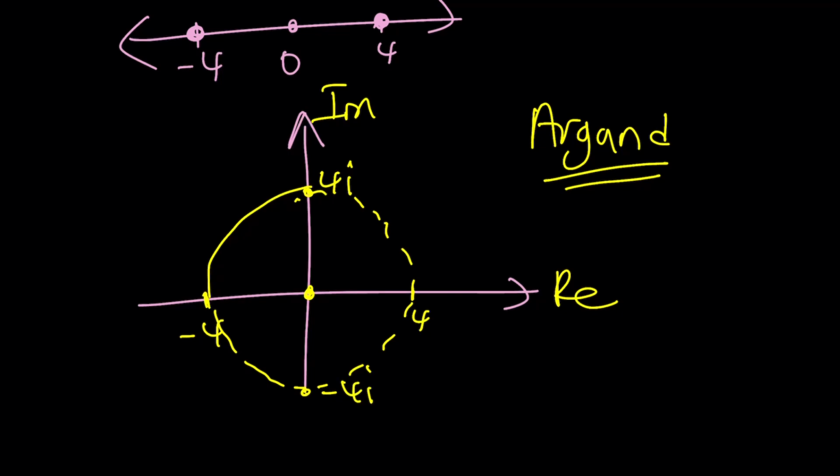Any point on this circle should be 4 units away from 0. And that's actually called the modulus, or the absolute value of that complex number. So you kind of have to think in two dimensions, and that gives you, instead of 2 points on the number line, infinitely many points on a circle. Make sense?